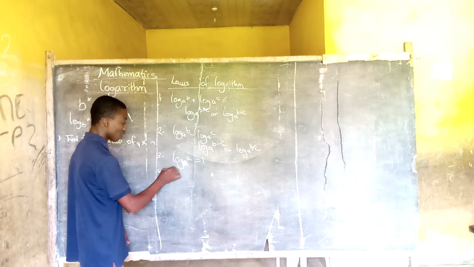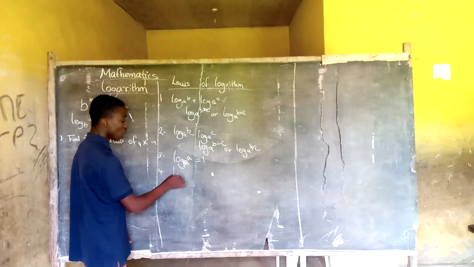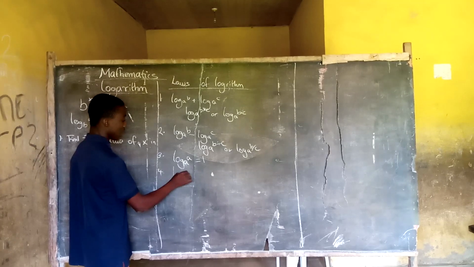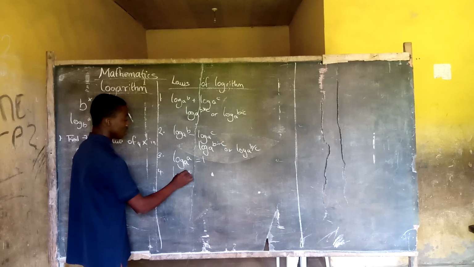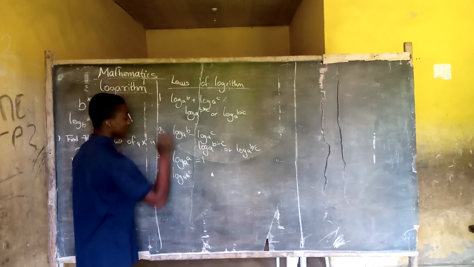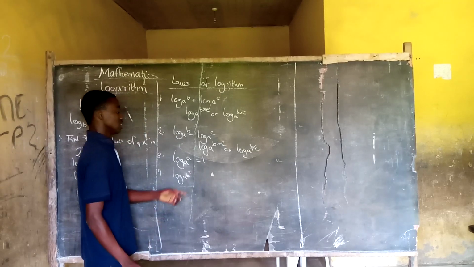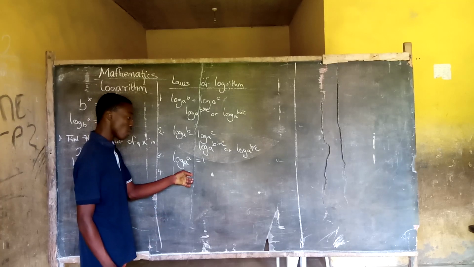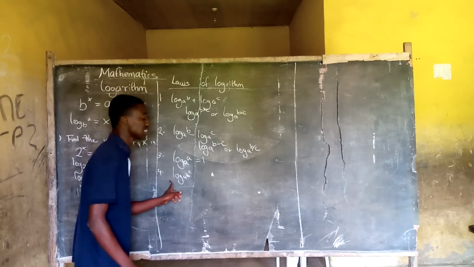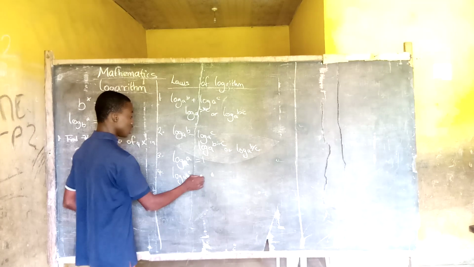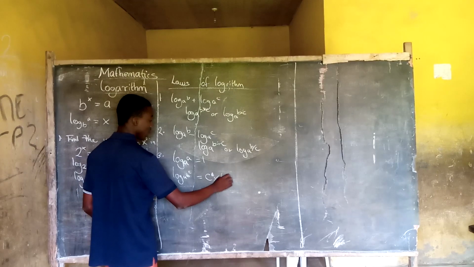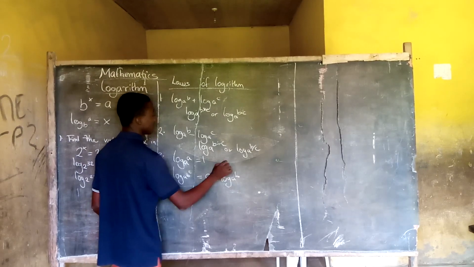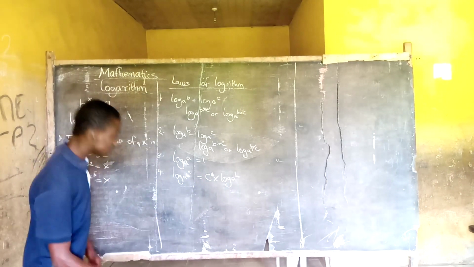Now, for example, you are having log to base a to power b to power c. The power c can be used to multiply this log afresh. In this form, c will be multiplying log a to power b. Here is the example.